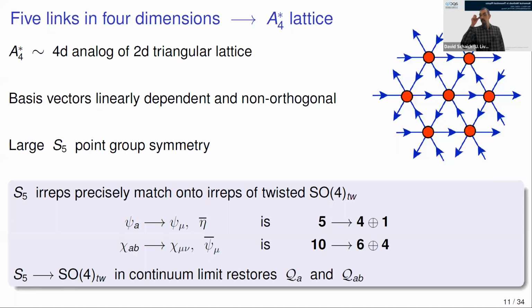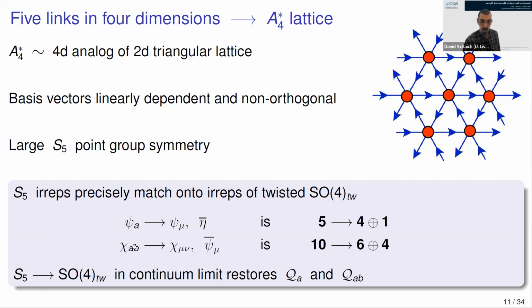And I guess the key aspect of this that has already been baked into the formulation presented earlier is the point group symmetry of the A4* lattice structure, which is this large S5 group, even larger than the hypercubic group we talked about earlier. If we have the time and inclination, we can go through the exercise of how the irreducible representations of this S5 point group exactly match onto the representations of that twisted SO(4) rotation group in the continuum limit.